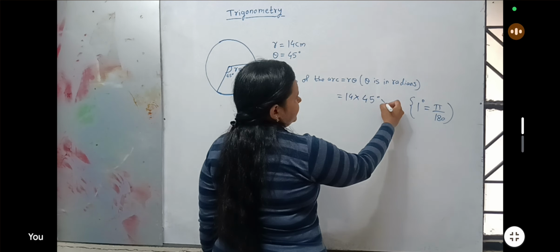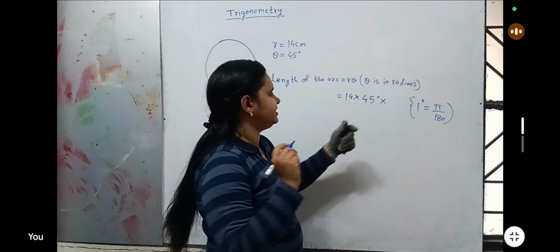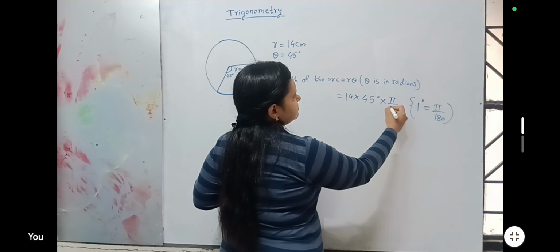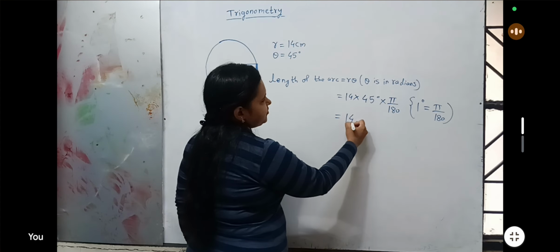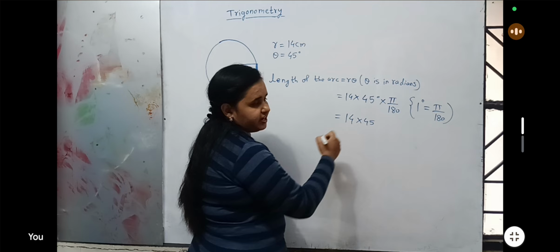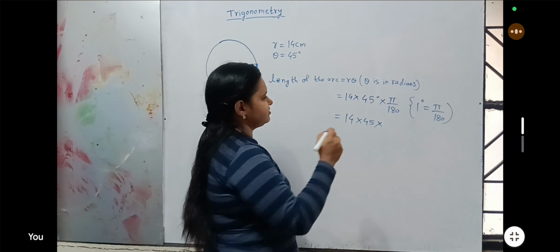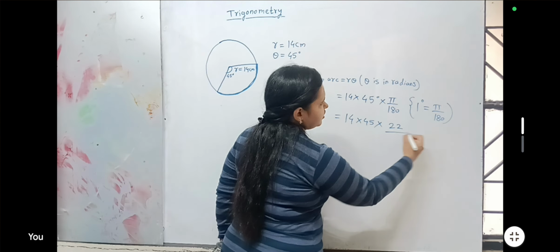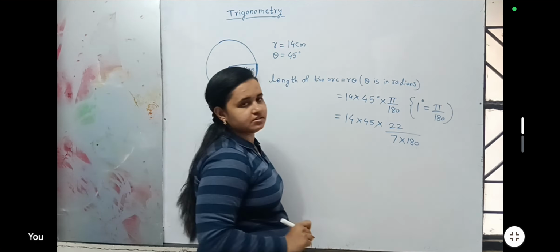So to convert 45 degree into radians we have to multiply it by pi upon 180. And 14 multiplied by 45 multiplied by the value of pi, which is 22 by 7, upon 180.